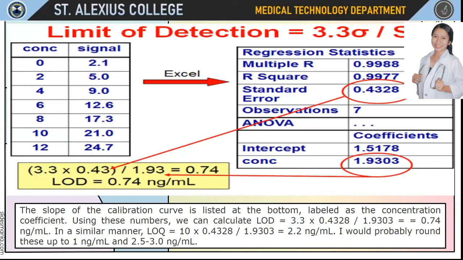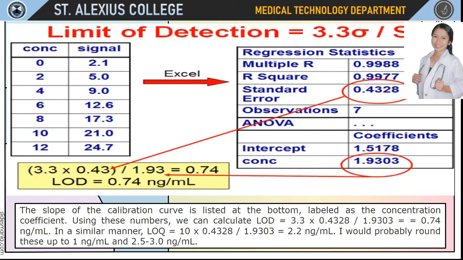The ICH indicates that LOD, which they call DL, the detection limit, can be calculated as LOD equals 3.3 lowercase sigma over slope, and the limit of quantification, which they call QL, the quantitation limit, LOQ equals 10 lowercase sigma over slope.